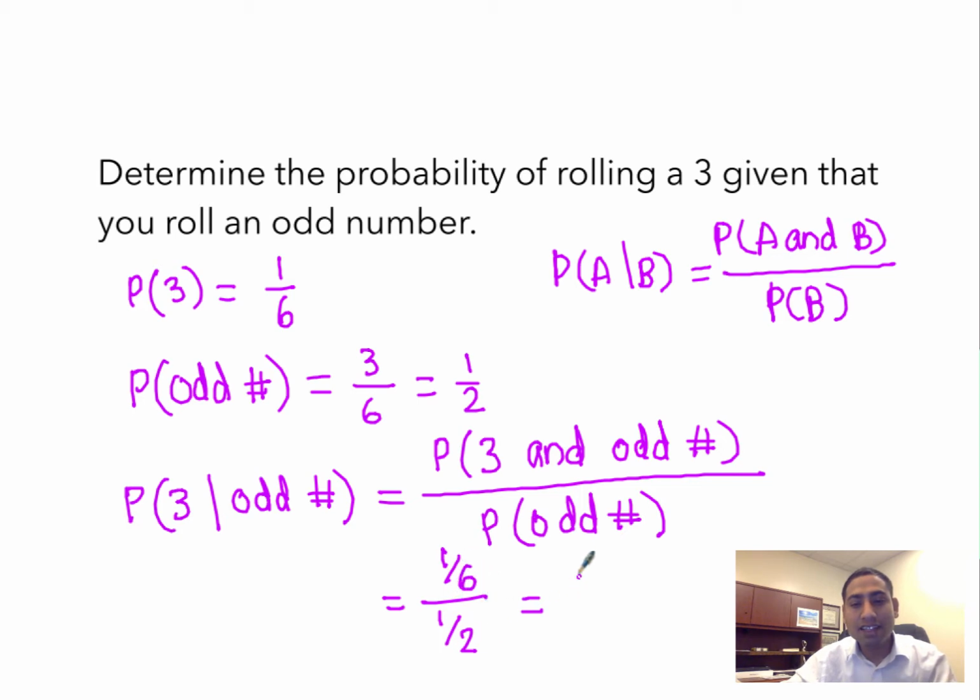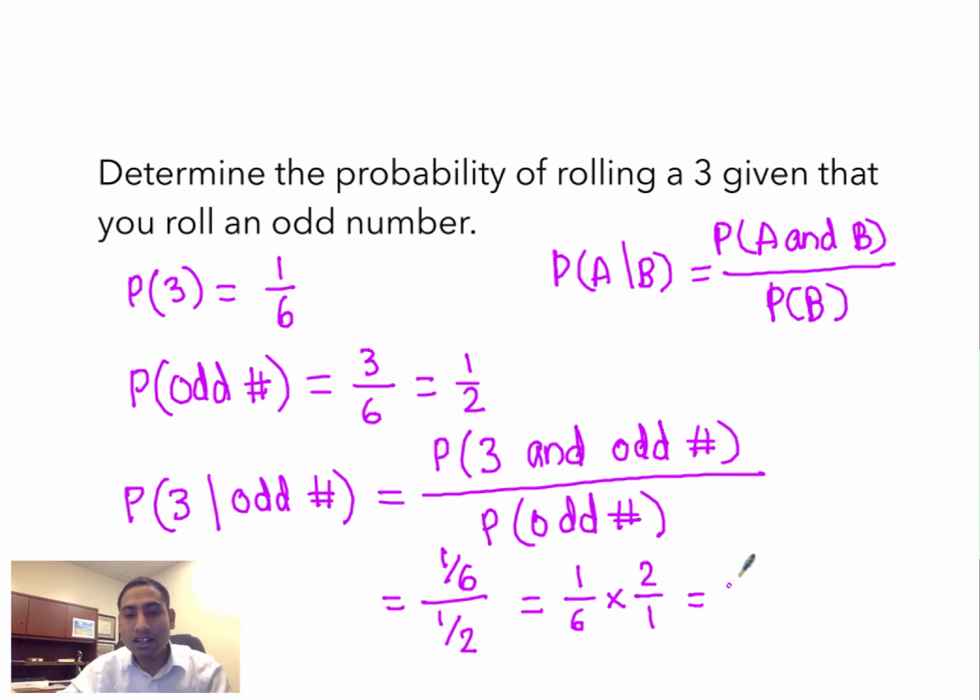So we have a fraction dividing a fraction, which is the same as multiplying by the reciprocal of the denominator. So it's 1/6 times the reciprocal of 1/2, which is 2/1, which is 2/6, right? 1 times 2 is 2, 6 times 1 is 6, and 2/6 is the same as 1/3. Notice that this matches the original answer that we got in that last example, which it should.